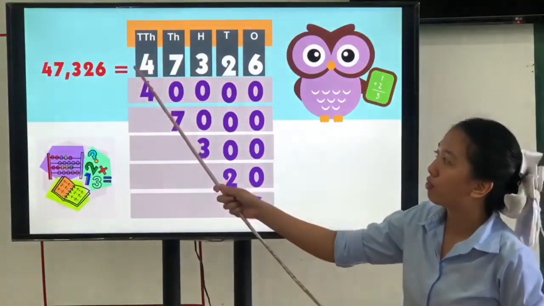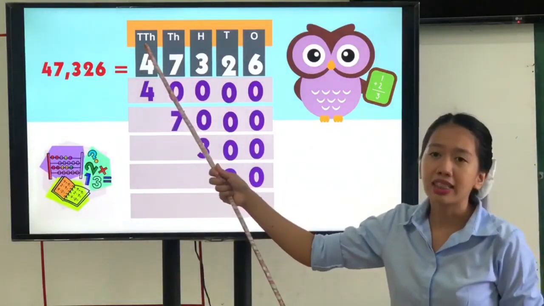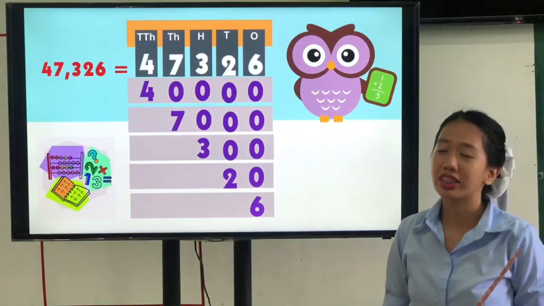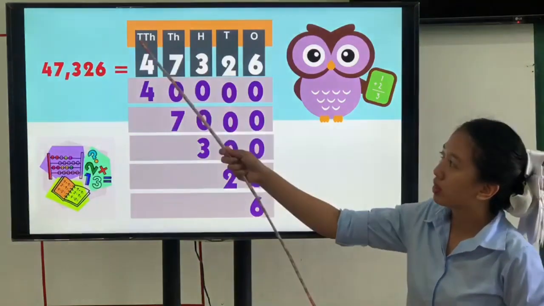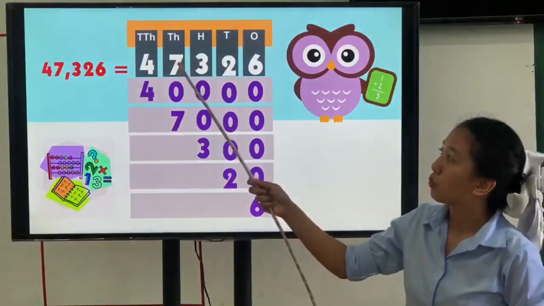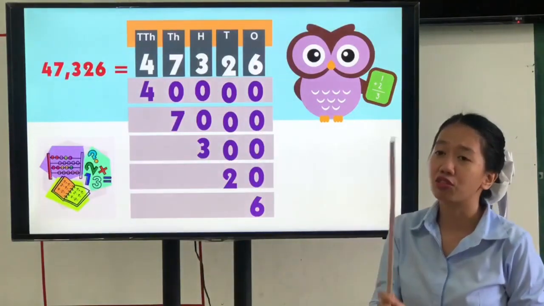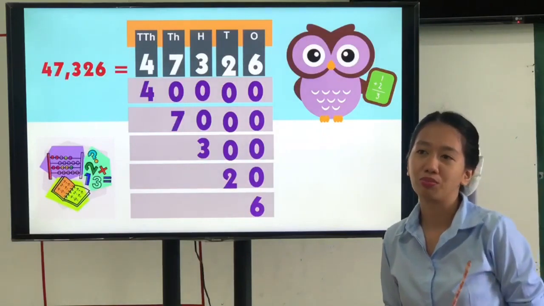So we have 4. The place value of 4 is 10,000. How many zeros do we have for our 10,000? Let's count from 10,000 going to our ones. 1, 2, 3, 4. So we have 4 zeros for our 10,000.